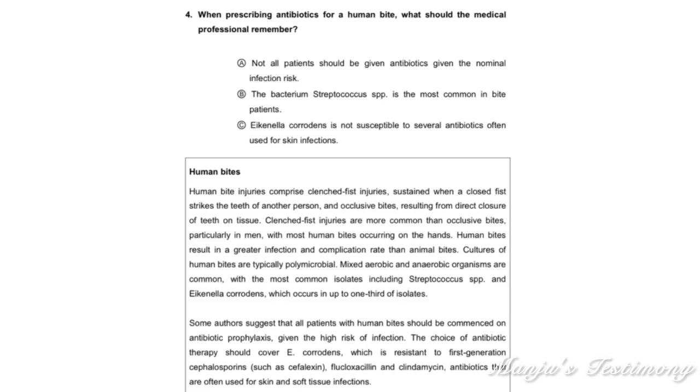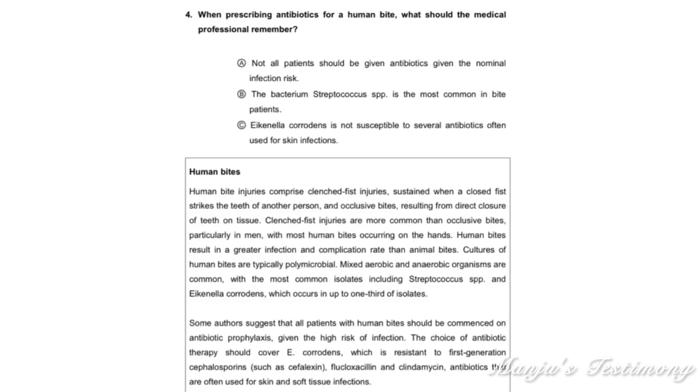So the option says that the bacterium Streptococcus species is the most common in bite patients. Read carefully. Please don't just superficially overlook the sentences and come to a conclusion that this is the right answer. If you do so, you will be wrong.